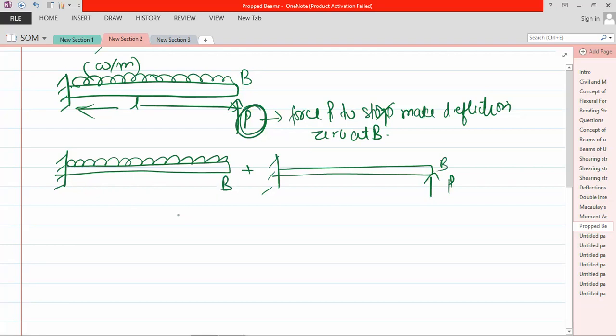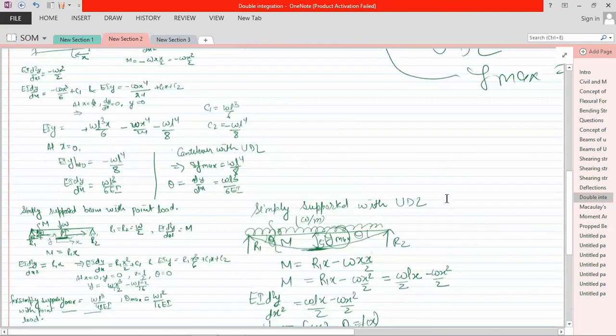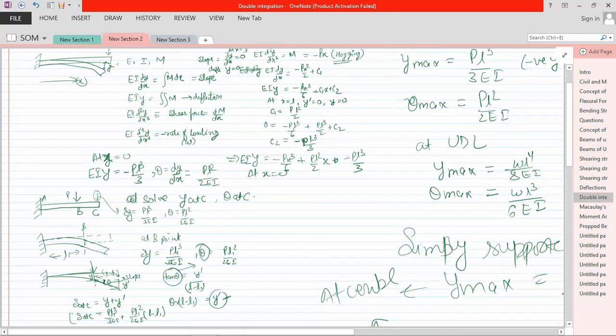You can know from the general expression that it is W L power 4 by, I think it is 8 or 6, I need to see. Yeah, it is 8.